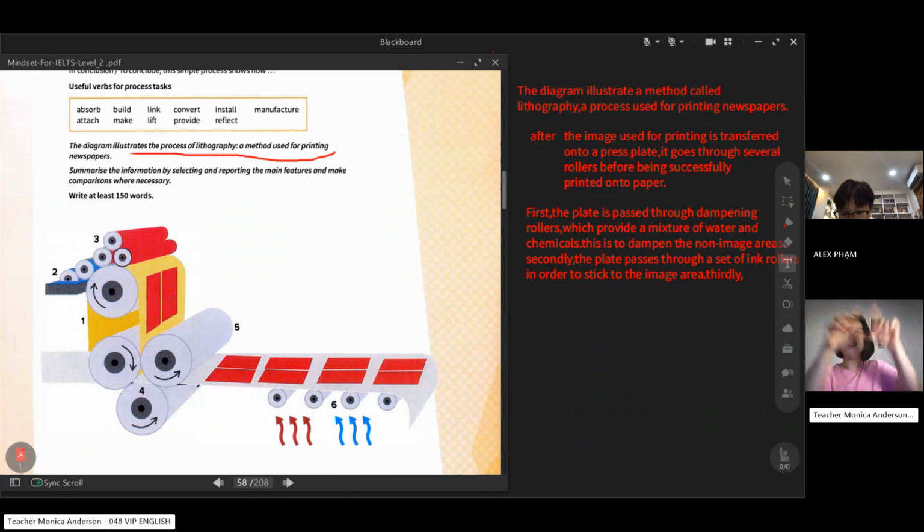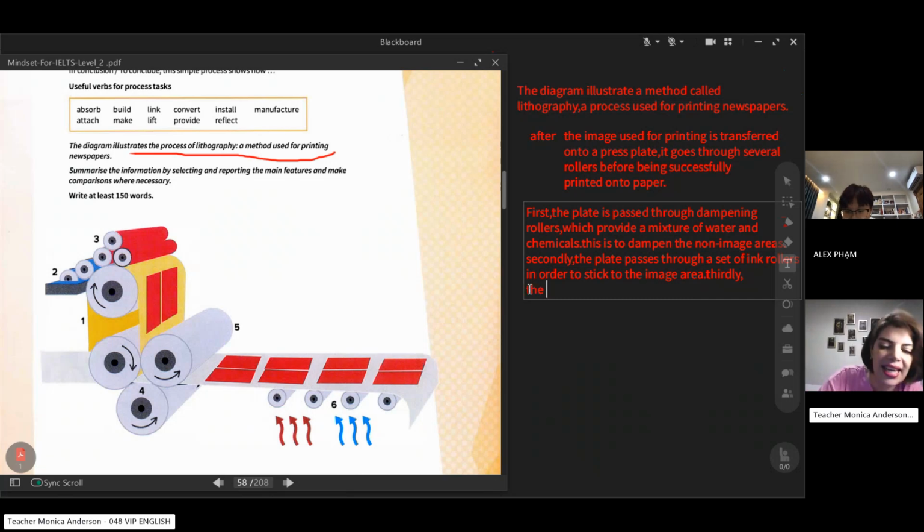This part receives the inked image from the plate cylinder and then transfers it onto, for example, paper. As you can see, in the second section, we pressed ink onto the paper. And now the third part, that is thirdly, let's talk about it.